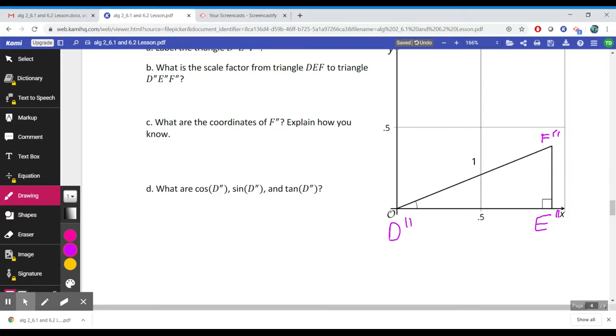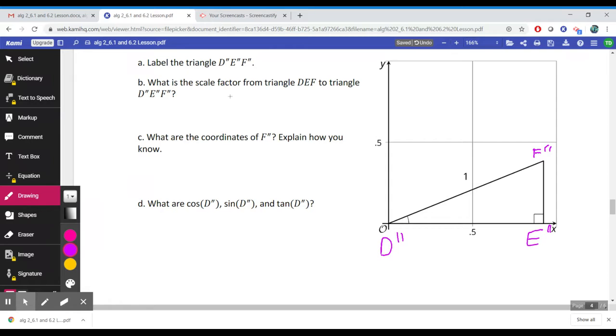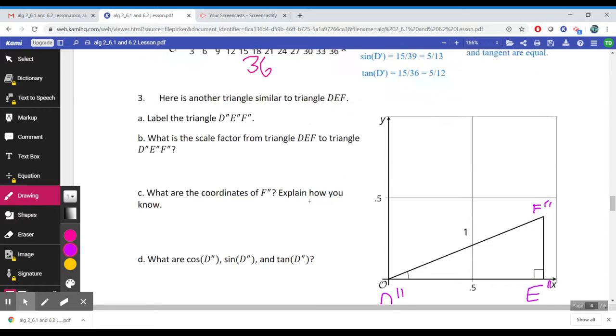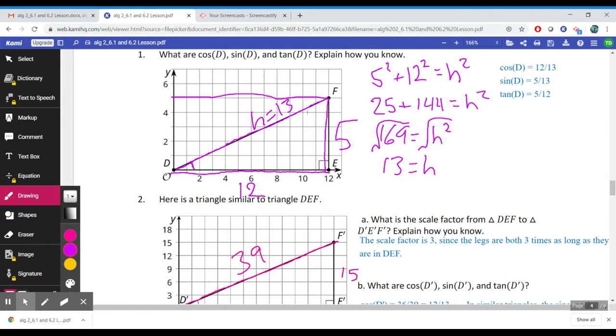So first it wants us to find what are the coordinates of F double primed. Oh, sorry, I skipped a question. Part B. First thing it actually wants to know is what is the scale factor from DEF to D double primed, E double primed, F double primed? Well, let's take a look. We can see that on our hypotenuse here, we have a length labeled of 1. On our original triangle, the hypotenuse had a length of 13.